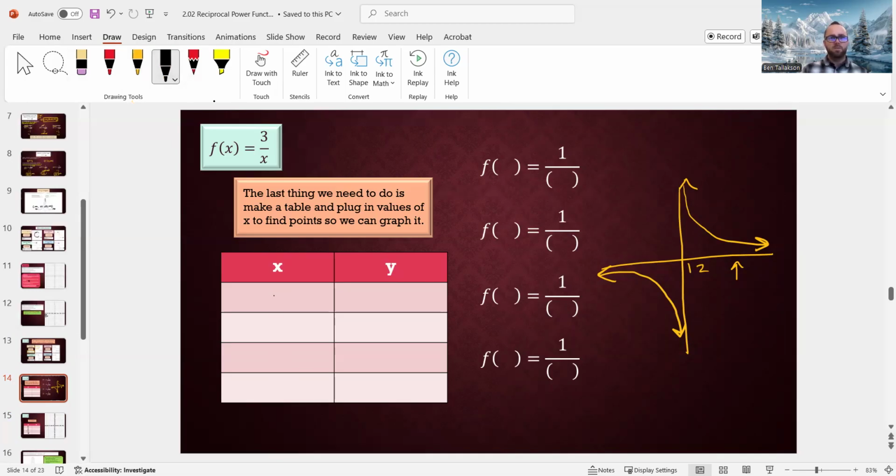So let's go. Okay, so I picked some values closer to the origin and some further out. Let's see what happens. Actually, these should be 3s, shouldn't they?